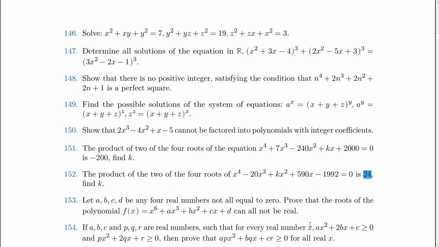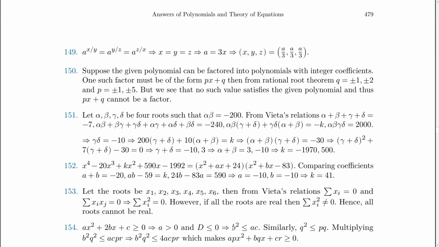If you multiply these two, we get b²q² ≤ acpr. Now, how did we get the number 4? That is the question. If it is less than this, then of course it is less than this, because this term is already greater. So if you multiply by 4, then of course it would be even greater.